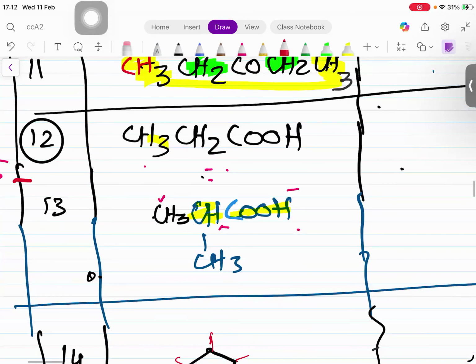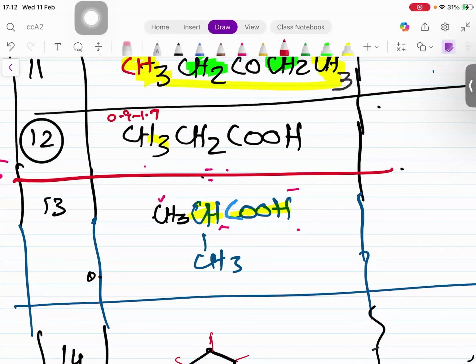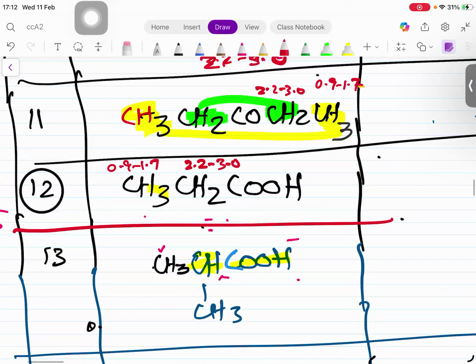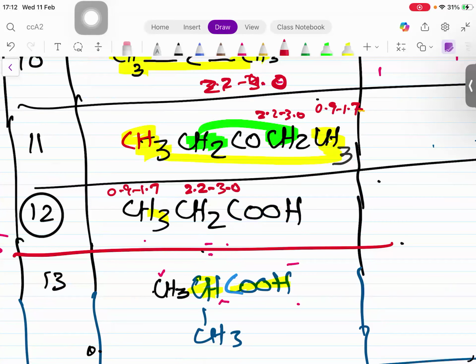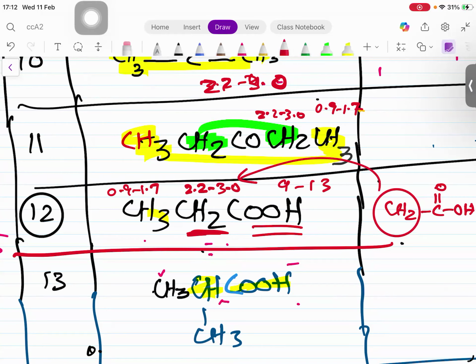What about this? 3 peaks. 0.9 to 1.7, then 2.2 to 3, and then C double bond O next, and this is 9 to 13, C double bond OH. This one is CH2 next to C double bond O, so this one is actually 2.2 to 3.